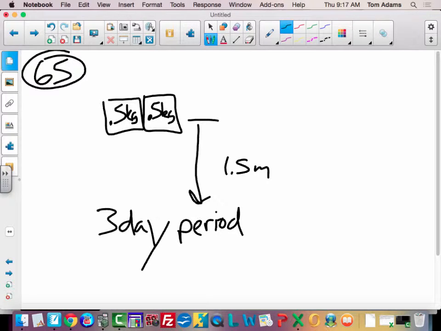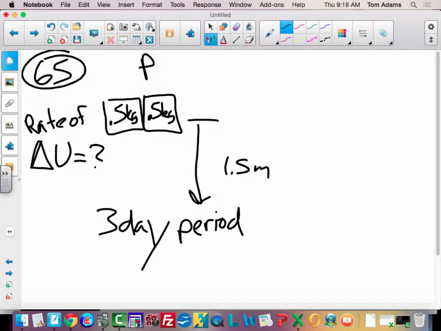And then it says, what rate was their total potential energy decrease? So really what they wanted to know was delta U. And since they use the word rate, it's a power question.